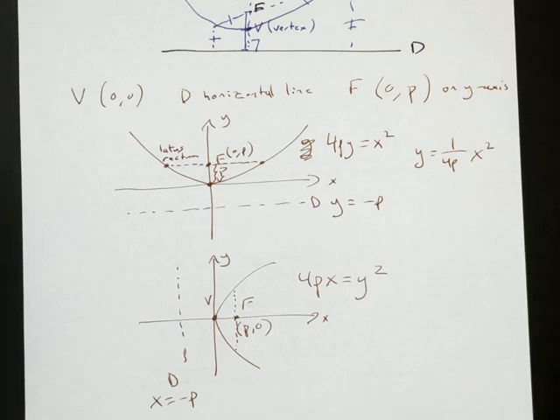So you have one literally sitting in your pocket. I want to build a satellite dish, it's going to be this shape. I want to build a microphone, it's going to be this shape. I want to build a reflector that directs light to your eye from a particular image, you know, like a microscope.